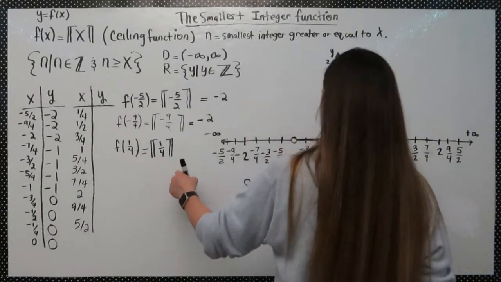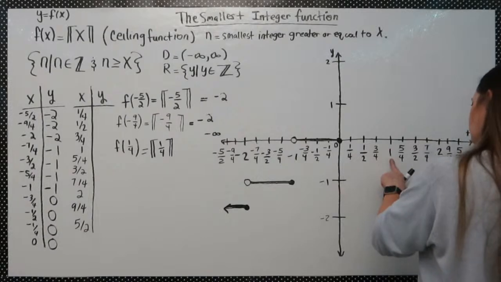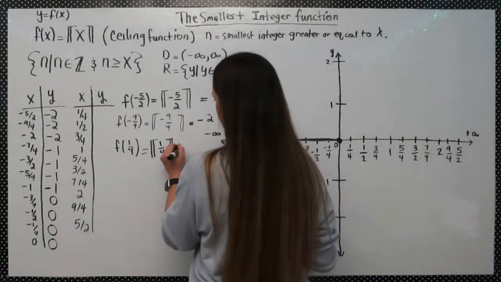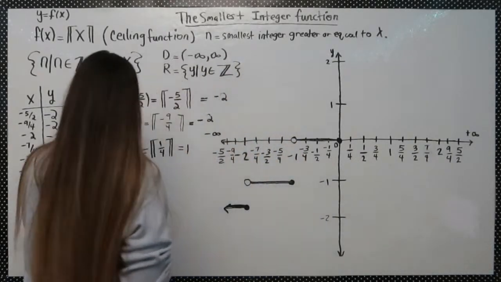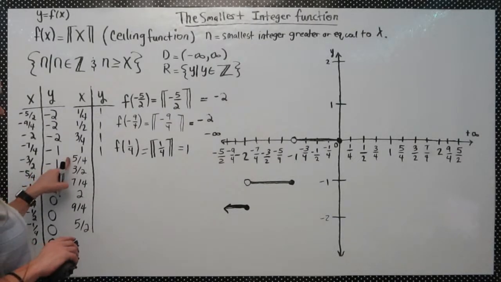So the smallest integer greater than or equal to 1/4 is 1. So we'll put 1 here, and all these values all the way to 1 are going to 1. But then when we get to 5/4, we're going to 2.